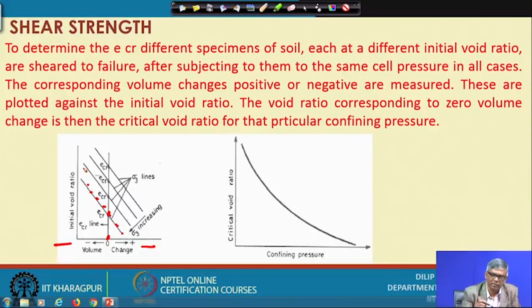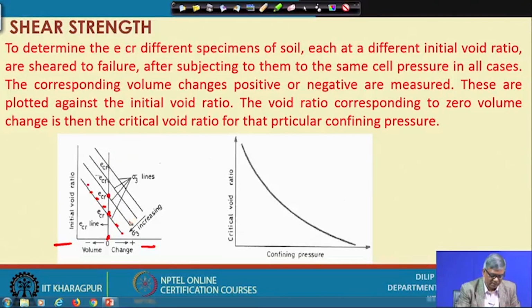If it is a decrease, I put the point on this side; if it is an increase, on this side. Then I take another initial void ratio with the same confining pressure and see the volume change. Like that I get a number of points, which come in a straight line, and that line intersects the zero point at this point.